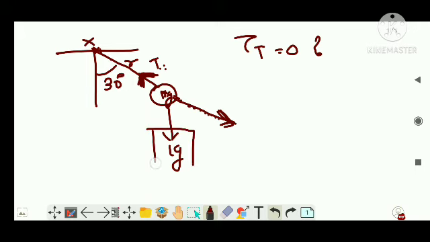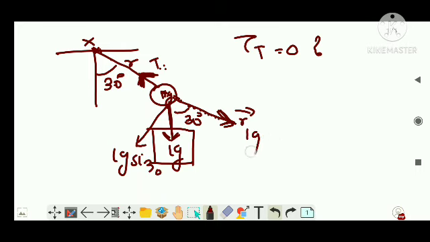This is this guy. Torque due to 1g. This angle is 30 degree, right? This is R vector and this becomes force, right? So this weight also has this 1g sine 30 degree and this is 1g cos 30 degree. Now 1g cos 30 degrees is along R, so it is not going to cause any torque, right?